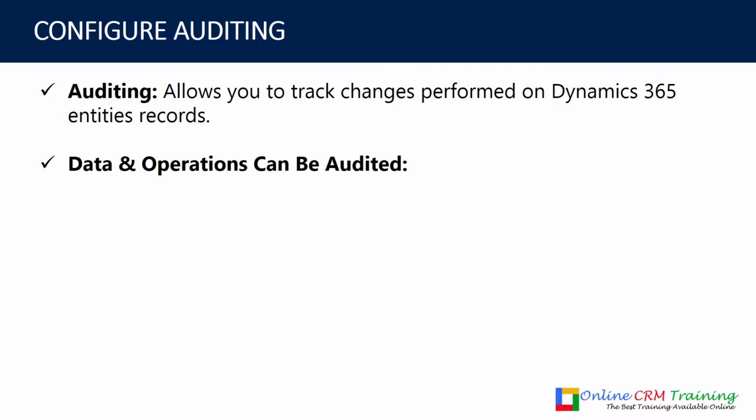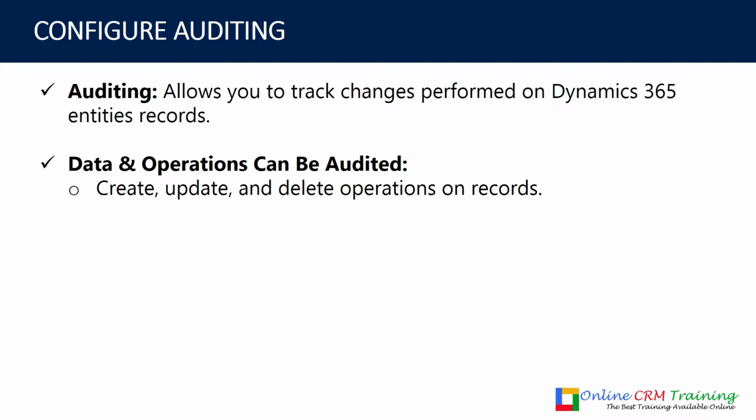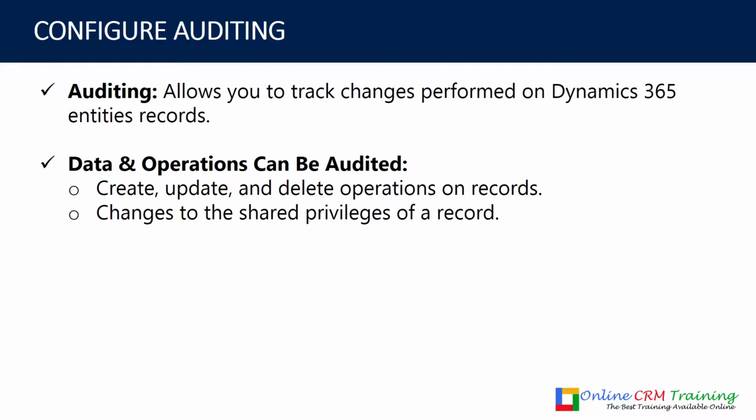So what operations and data can be audited? Number one, you will be able to audit operations like create, when you create a record, update a record, or delete a record, right? Any operation that you do will follow the auditing trail. Also, any changes to the shared privileges of a record.